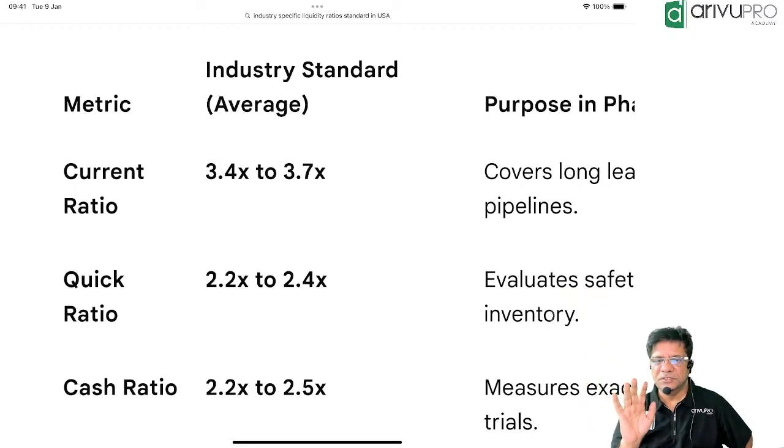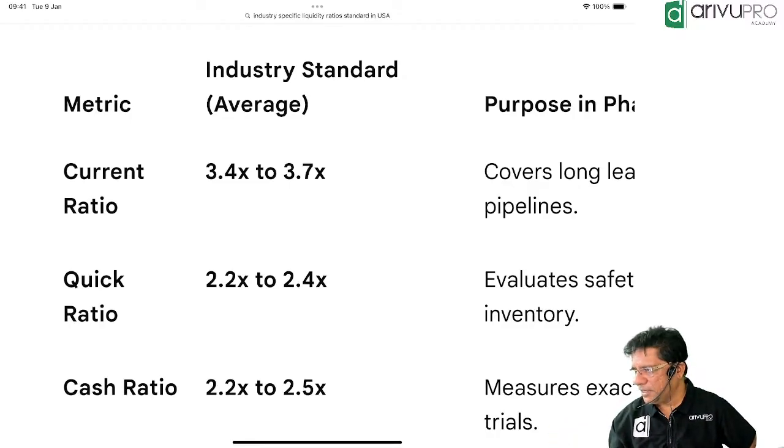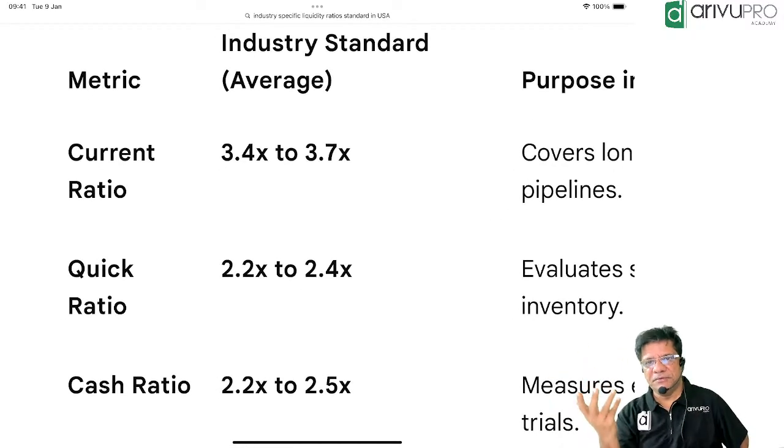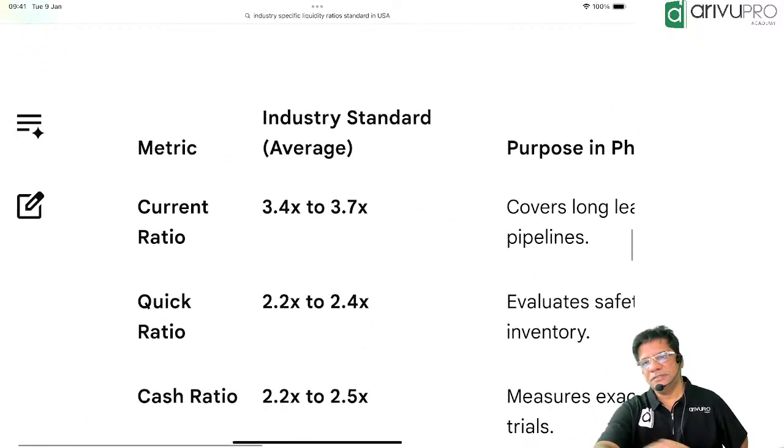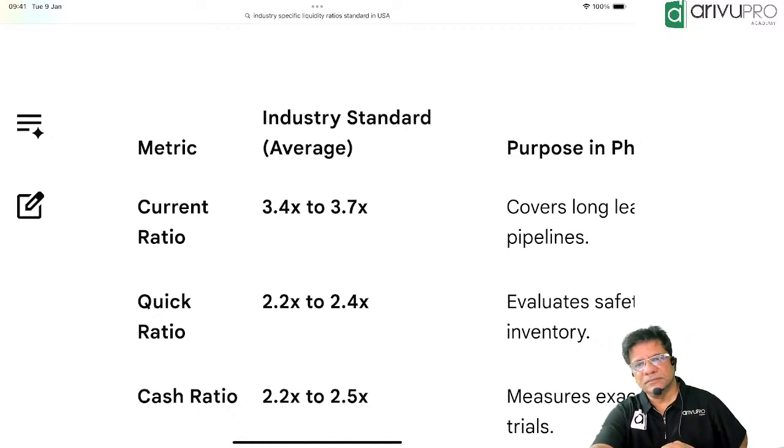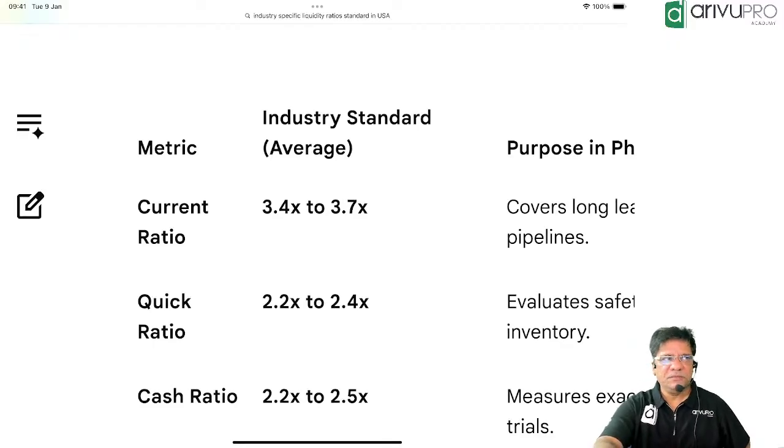In the exam questions, they will give you this average. In the background, they will write that ABC company is a pharmaceutical company; calculate the liquidity ratio and compare with these averages. They will not just give you blind averages. Every industry has an industry average standard, and it is different in every country because the environment is different.